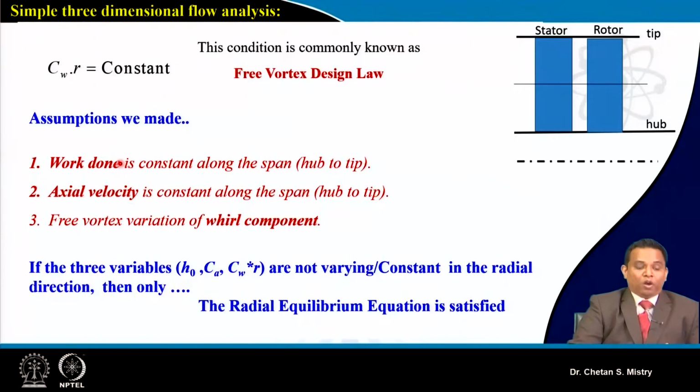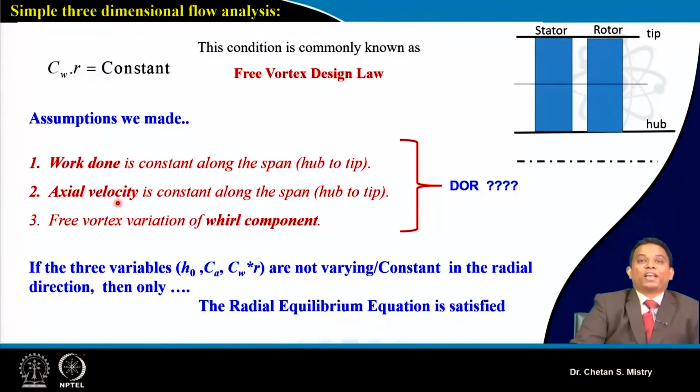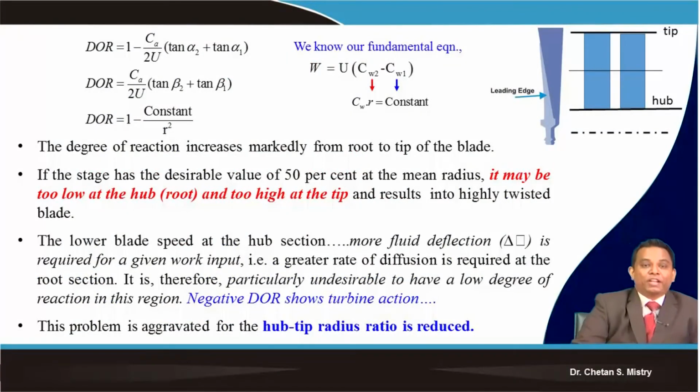Okay. Now along with this, we are more interested in a parameter that we define as the degree of reaction. The question will always come: what is happening to our degree of reaction if we make this assumption? So the degree of reaction is given in terms of alpha and beta. If I simplify my equation, the degree of reaction comes as 1 minus constant by R square.